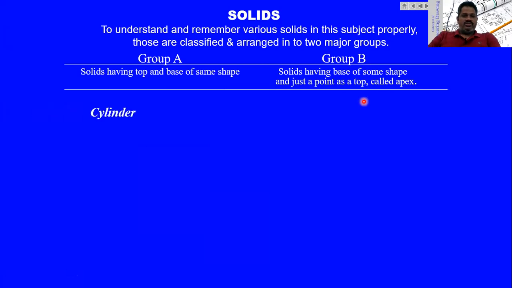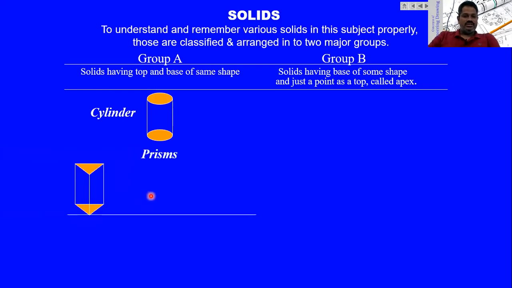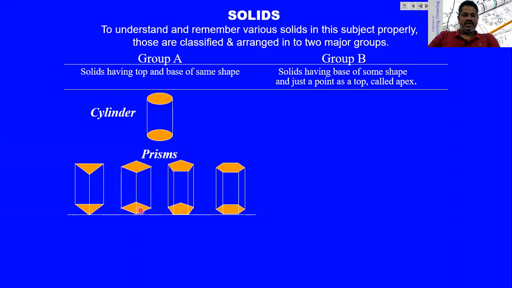When the base and top are the same, take an example: consider the cylinder. The base and top have the same shape. As you can see here, it is a circular shape. Then in the case of the prisms also, on the top we have a triangle and the bottom also a triangle, then a square on top and bottom, a pentagon, a hexagon, and all these are the prisms.